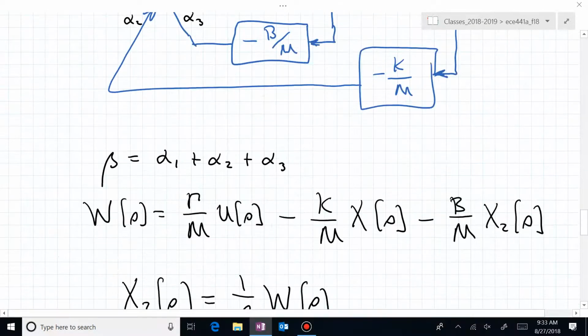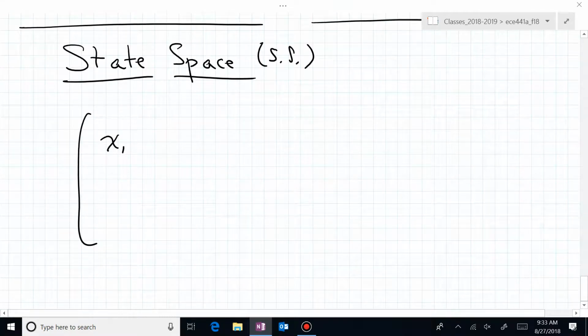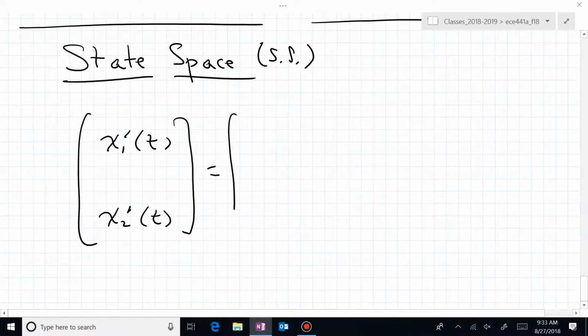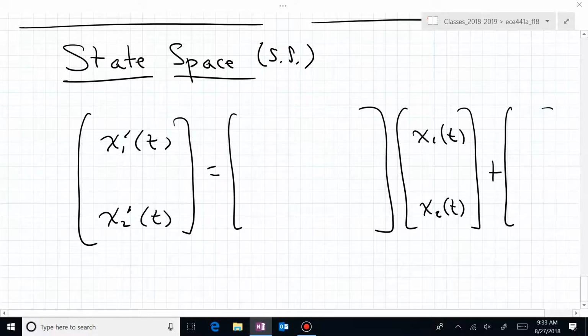In our state space representation, we want to find the first derivative of x1 and the first derivative of x sub 2, rewriting those in terms of some linear combination of the state plus some linear combination of the input.